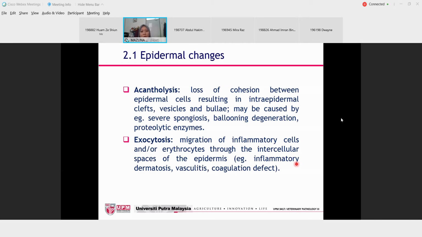Okay, they do have some proteolytic enzymes that cause the loss of cohesion between epidermal cells. And then you might also see exocytosis, which is basically migration of inflammatory cells and or erythrocytes through the intercellular spaces of the epidermis. This is normally seen in inflammatory dermatosis, vasculitis, or even coagulation defect.